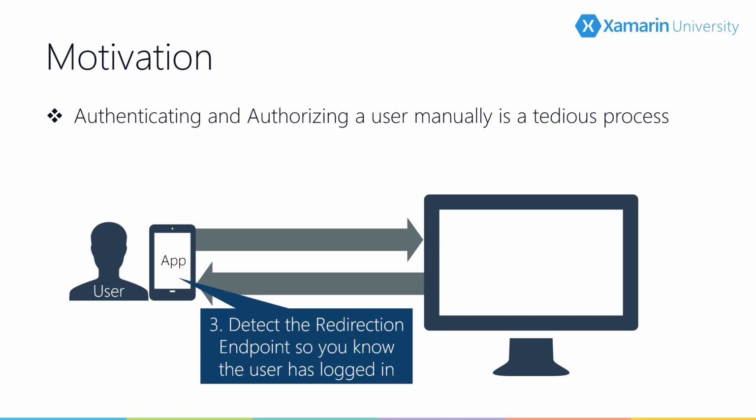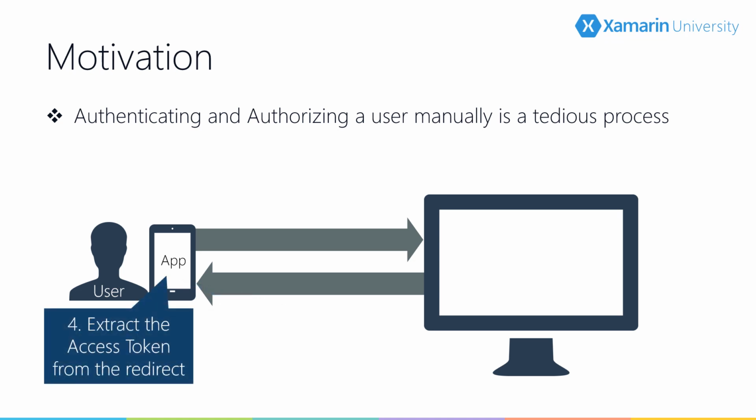If the login is successful, the server will redirect the HTML to indicate to the application the login is complete. And with the redirect, an access token is provided. And now our client app needs to extract and store the access token, which it will then use to access protected data stored on the server.